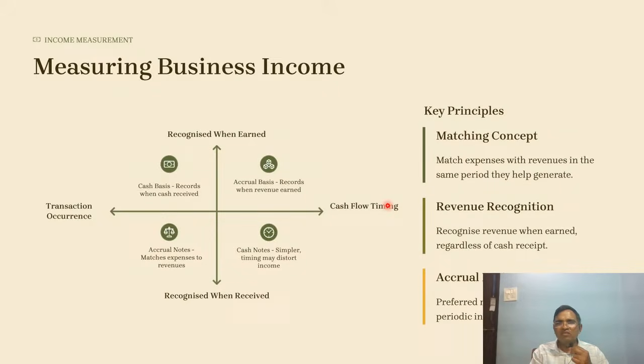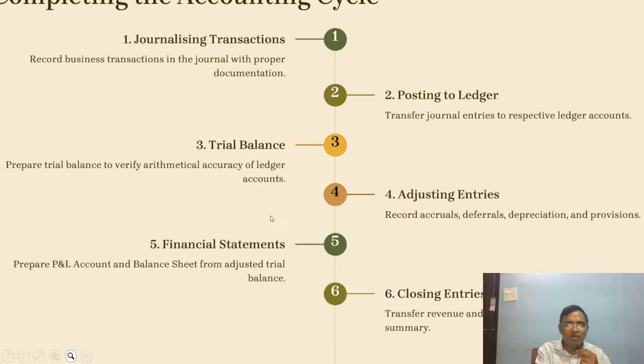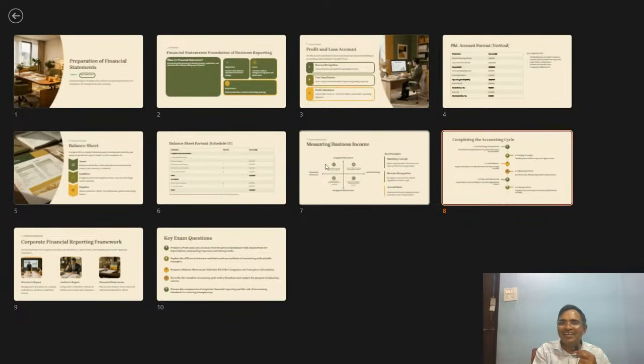Okay, so this is measuring income. Here a transaction happens, and everything is recorded. Then the complete accounting cycle, how the accounting cycle happens. I hope you are able to see, or else just download my app where you can see the entire thing.